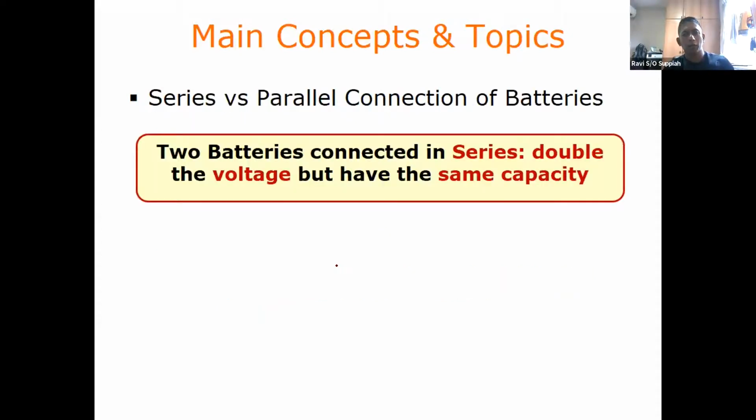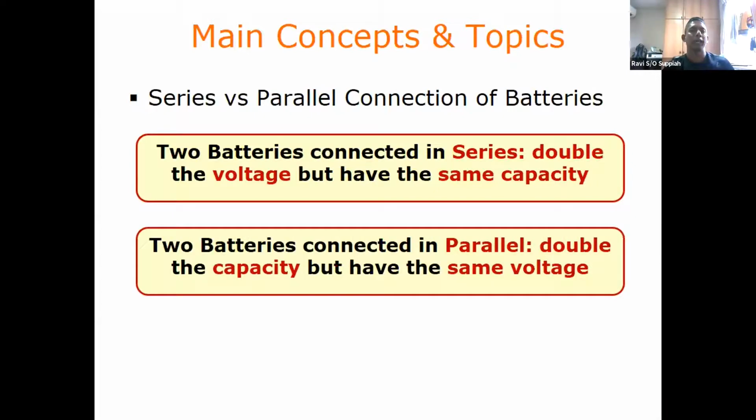Then we talk about series and parallel connection of batteries. When you have batteries in series, the voltage is increased and the current capacity remains the same. If you have two batteries that are exactly the same and connect them in series, the voltage doubles, but the current is the same because the same current flows through them.